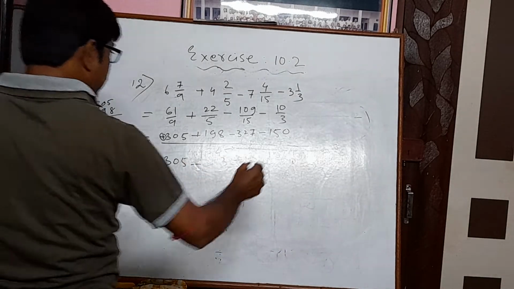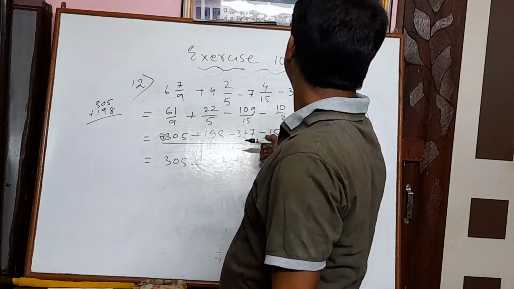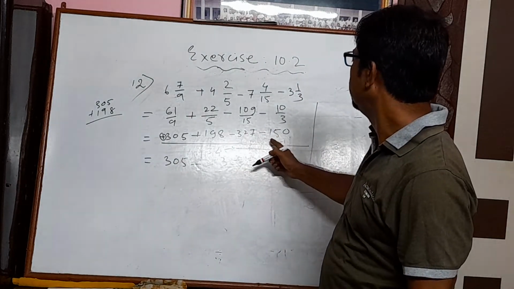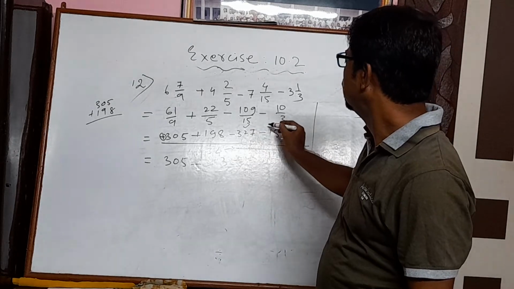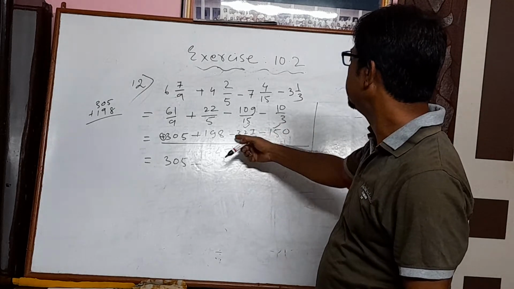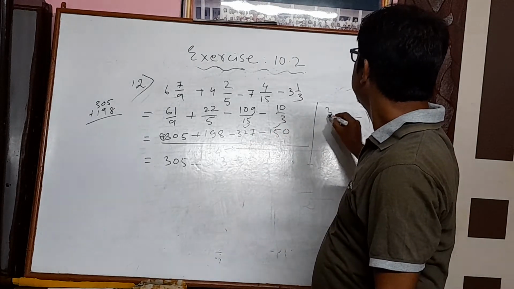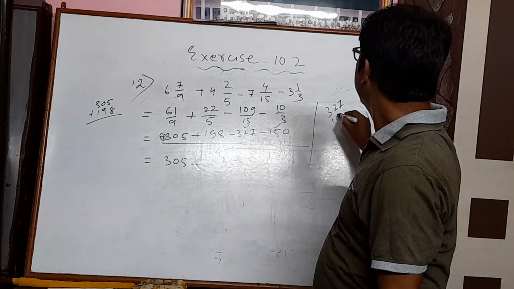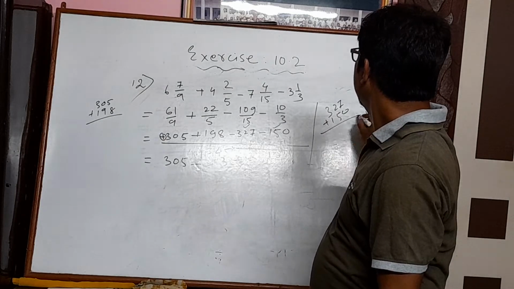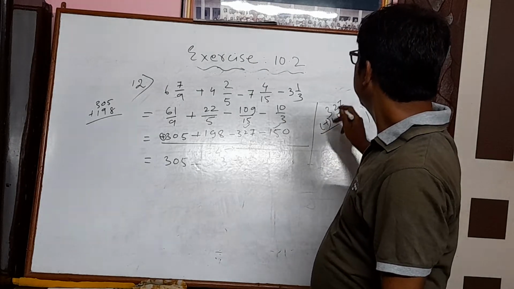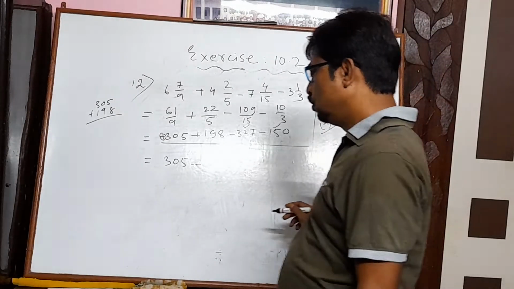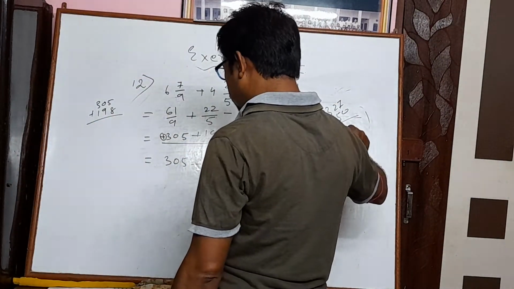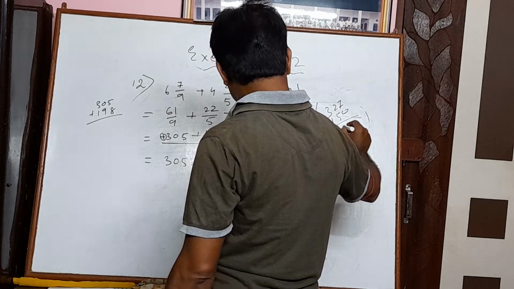Minus, these two also have the same sign, 327 and 150. Both numbers have the same negative sign, minus. So we shall add 327 and 150 together. Negative numbers are there, but we have to add. So what will be the answer? Adding together, this will be 477.